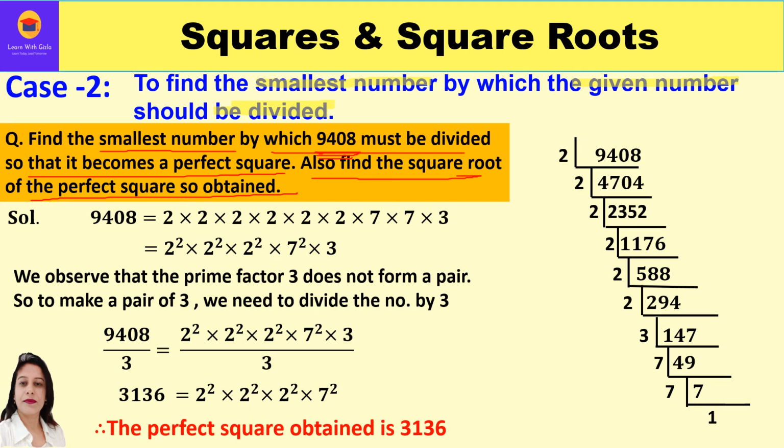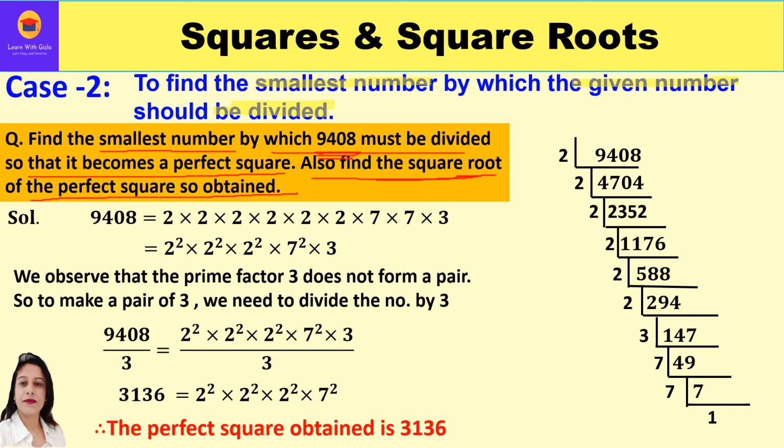After getting a perfect square number, we also have to find the square root of this perfect square number which we have obtained. Now let's start with the solution.